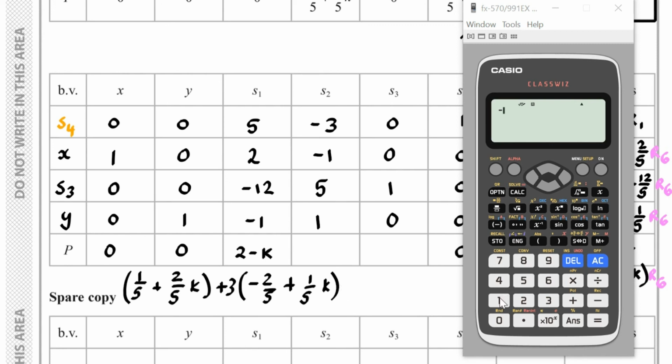So if I gather together the numbers, I've got 1/5 subtract 6 over 5, which is minus 1, and then I've got 2 over 5 plus 3 over 5, which is just going to be 1.